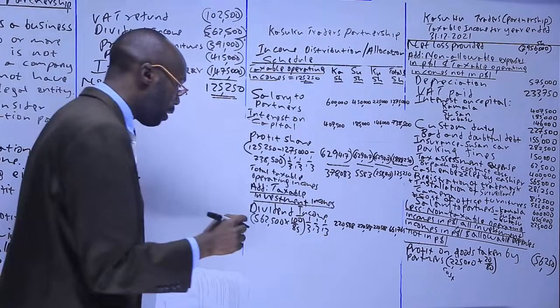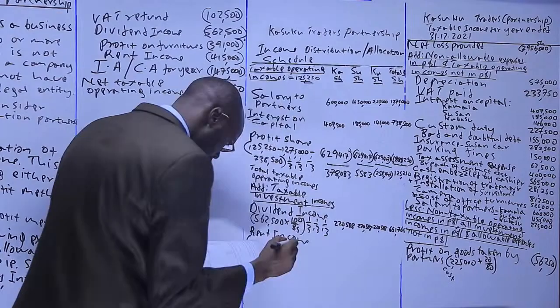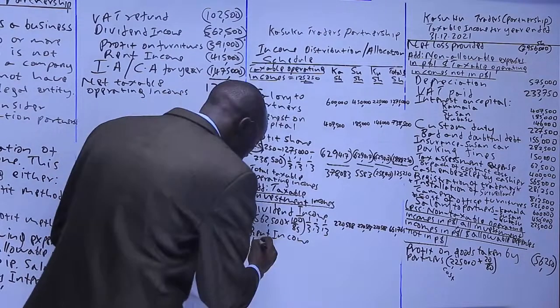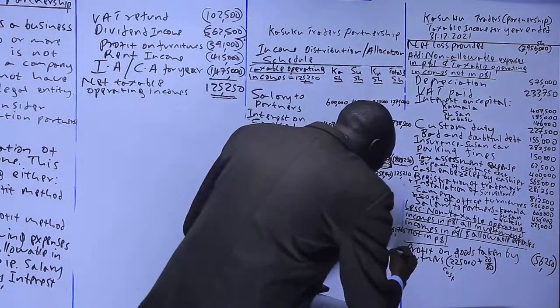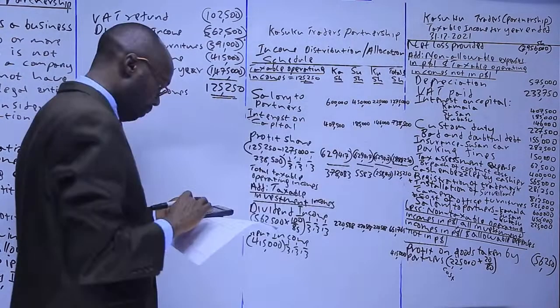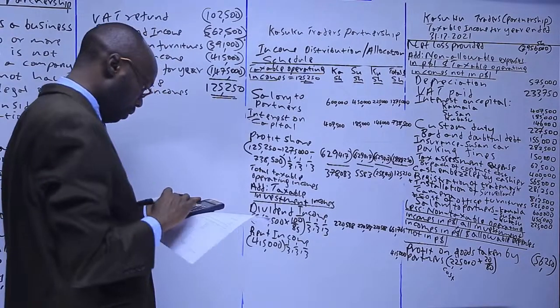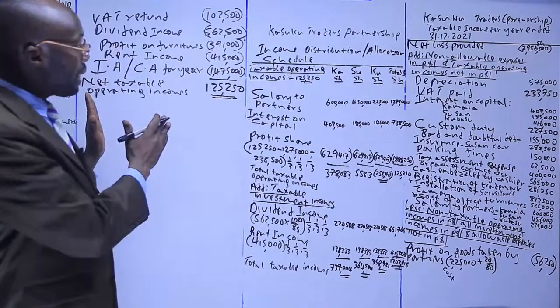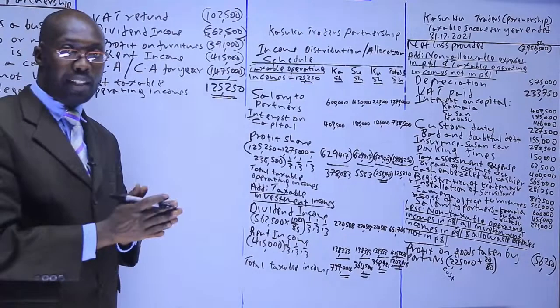So rent income, which we have 415,000, and then profit sharing ratio each for 15, divide by 3, and that is how we determine the taxable income of the partnership, and we do the distribution.